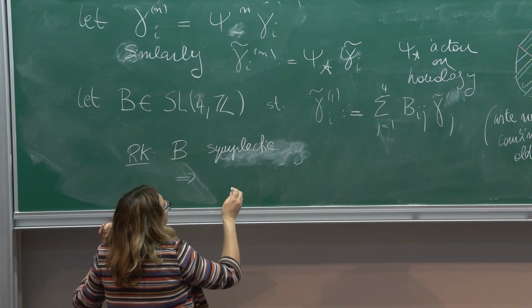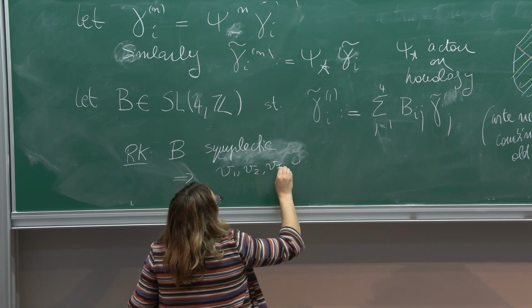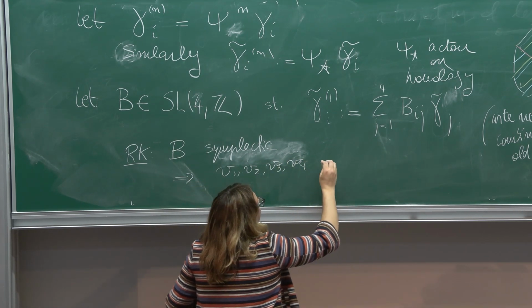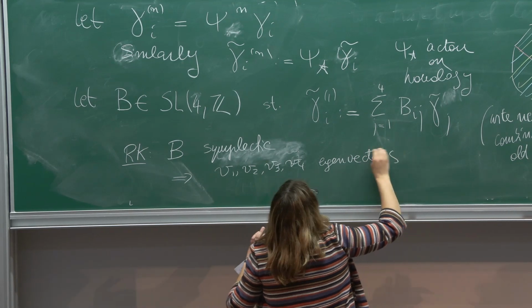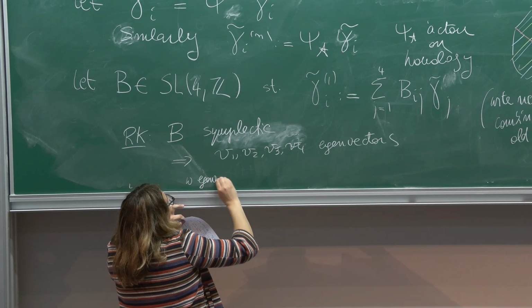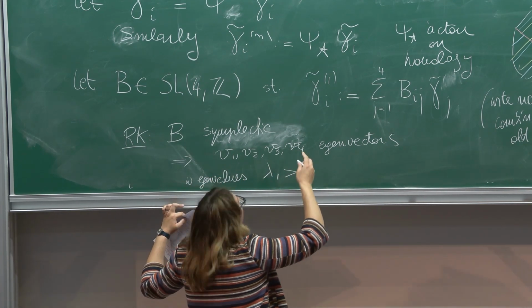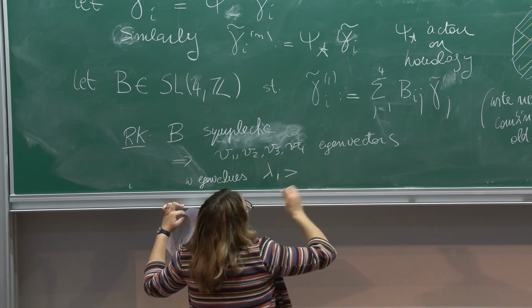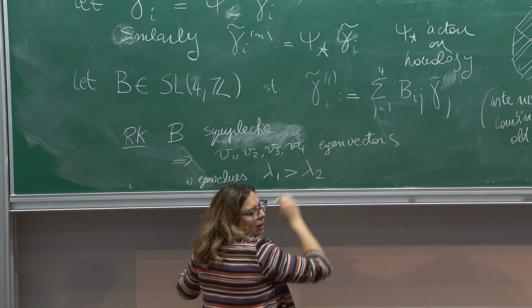And if you have a symplectic matrix, let's call its eigenvectors V1, V2, V3, V4. It has 4 eigenvectors. This is my example. It's a positive matrix, so it has a Perron eigenvalue which is simple, so lambda 1 is greater than lambda 2.